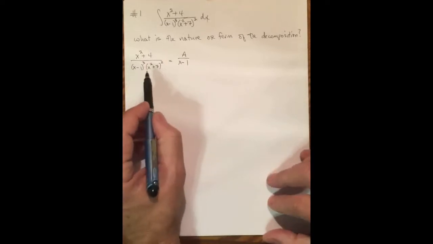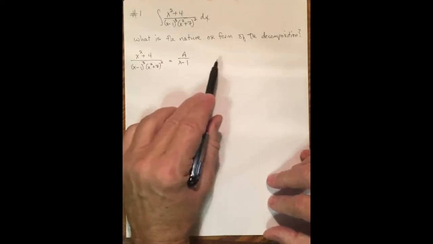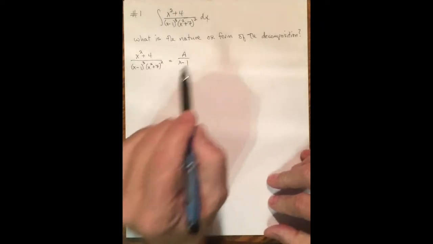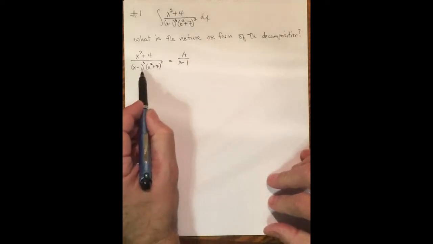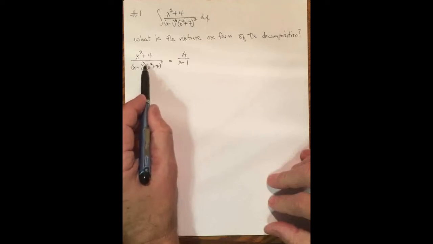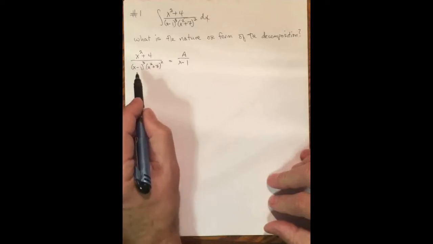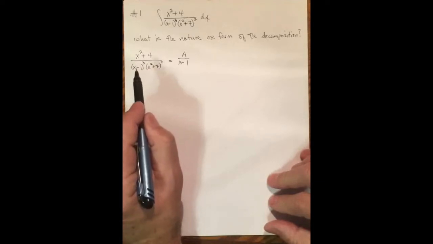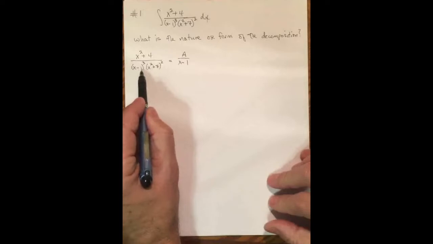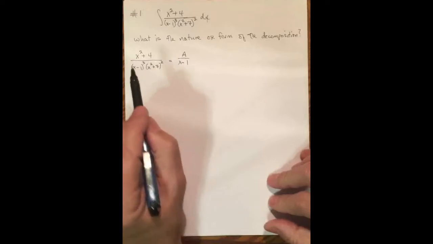Okay, so now for the nature of the decomposition, or what are the fractions going to look like? Well, we have a linear factor of multiplicity 3. Now the multiplicity 3 just means that it's going to appear 3 times. It's the same thing, x minus 1 times x minus 1 times x minus 1. The linear factor is x minus 1.